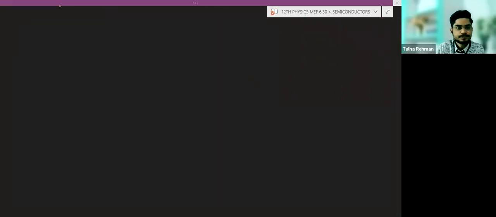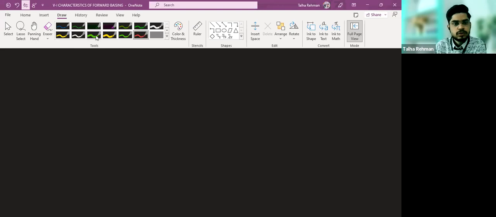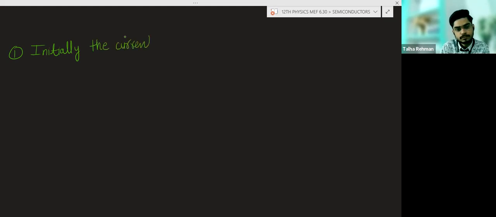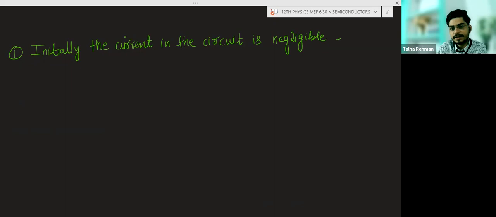Okay, so we will write the theory now. Point number one: initially, the current in the circuit is negligible till the voltage reaches the knee value.